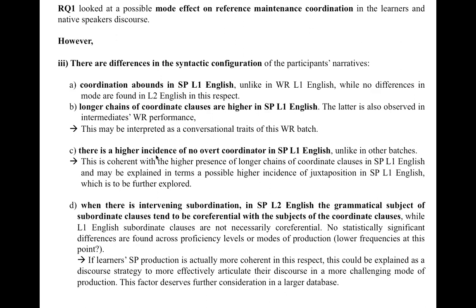Now, the frequencies are very low at this point, and there are no statistically significant differences, but it will be interesting to explore a larger database, because if learners' spoken production is actually more coherent in this respect, this could be explained as a discourse strategy to articulate discourse more effectively. So they tend to maintain the reference, so they don't risk switching the reference in the subordinate clause. They are more conservative, so they prefer to maintain the reference across subordinate clauses as well.